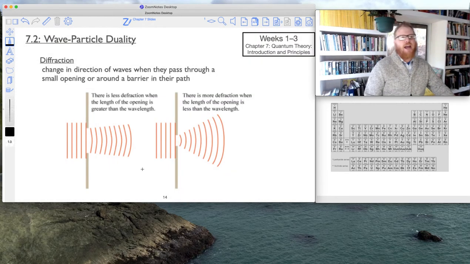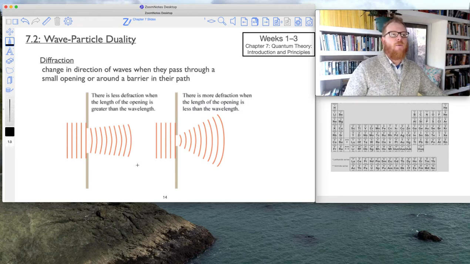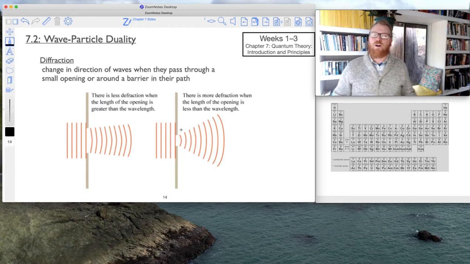I'll remind you, diffraction is the change in direction of waves when they pass through a small opening or around a barrier in their path. So this leads to either a collimated beam or a divergent beam, as mentioned earlier. There is much less diffraction when the length of the opening is greater than the wavelength. But if we narrow the opening, there's a lot more diffraction.